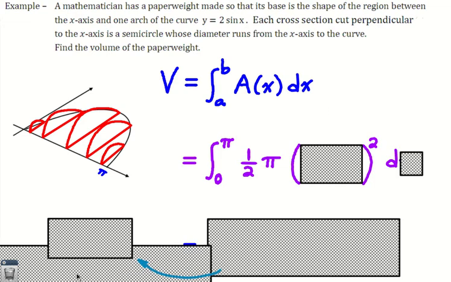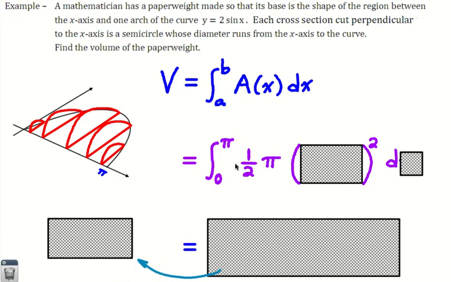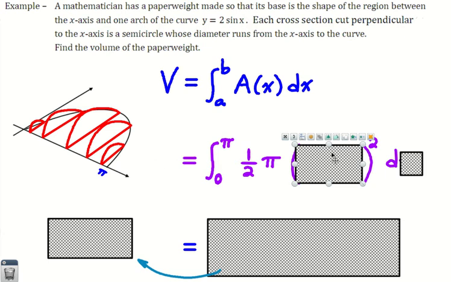So that's why you saw there, as a sneak peek a second ago, 1/2. So we are going to do pi r squared, but we're going to have to cut it in half because it's not a whole circle, it's a half circle.